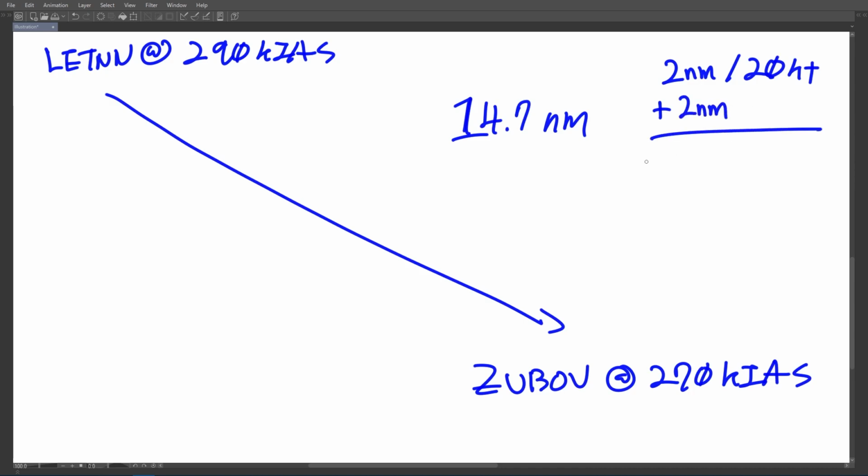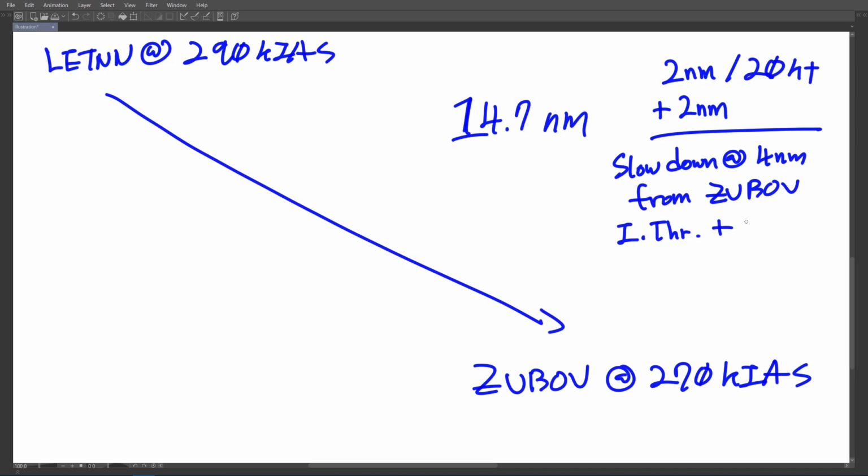So essentially you would start slowing down 4 miles from Zubov, at idle thrust plus 1,200 feet per minute. Now, I have done some measurements before.